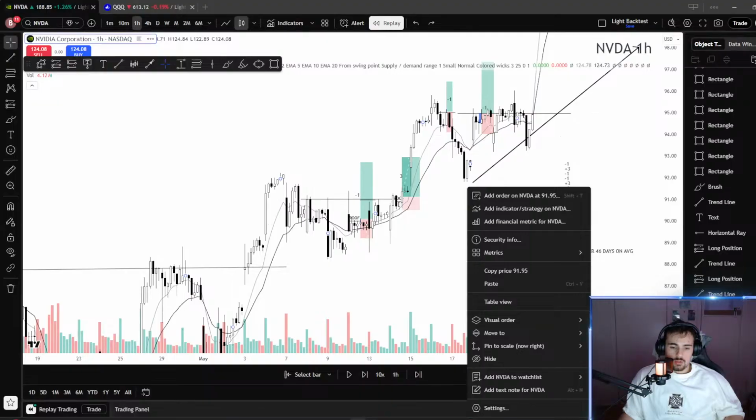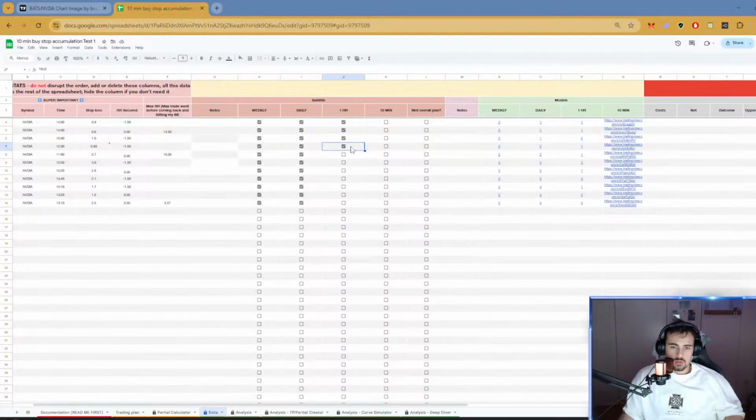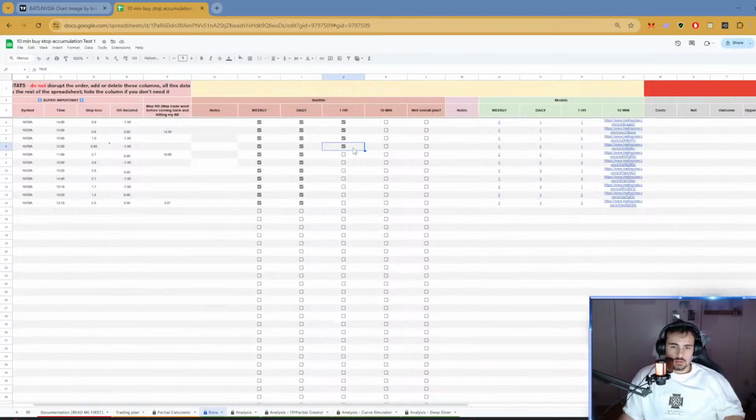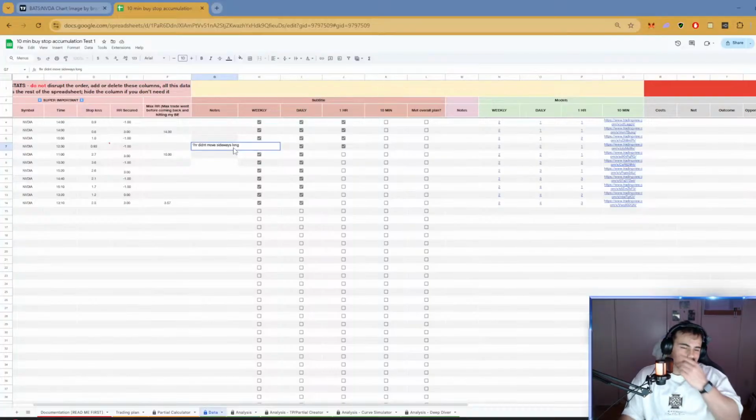So what I will do is I can make a note on this trade that the 1 hour didn't move sideways long.